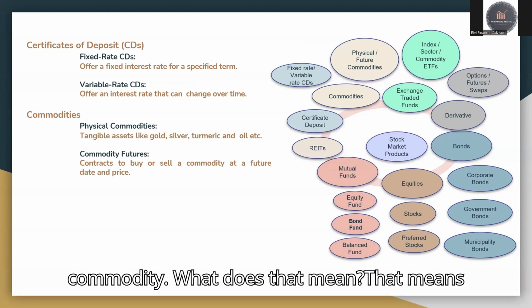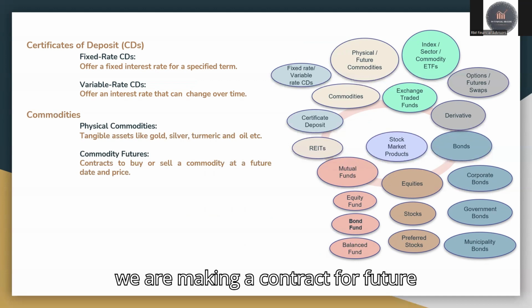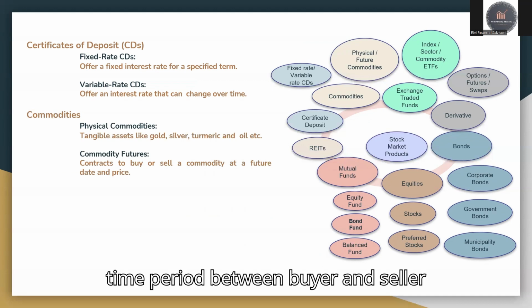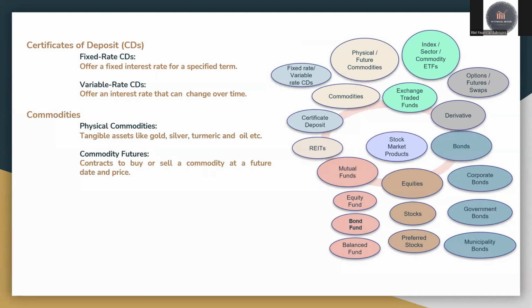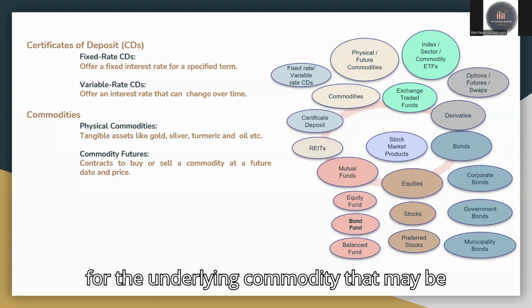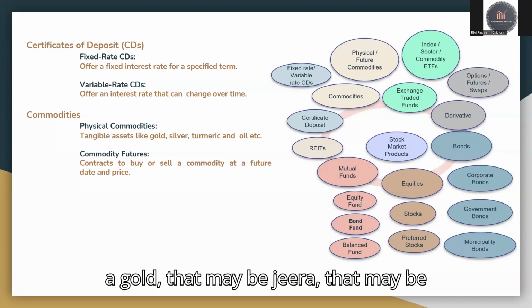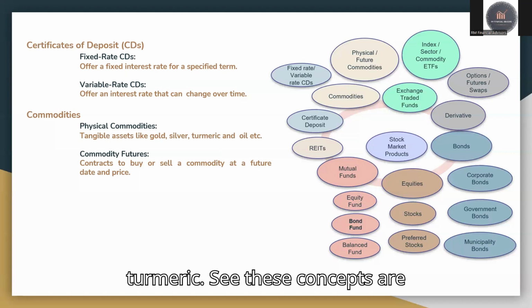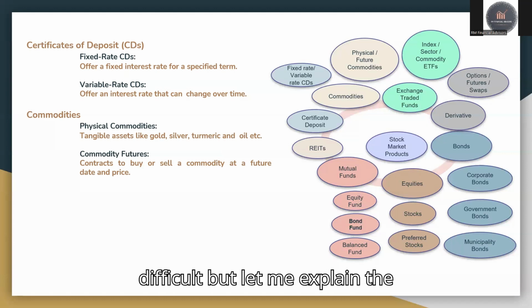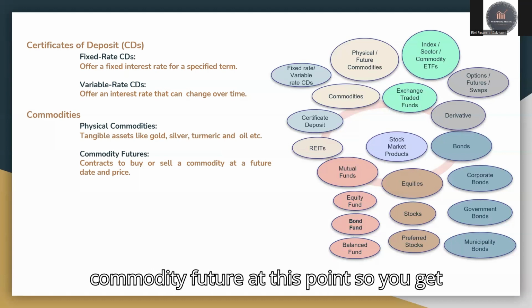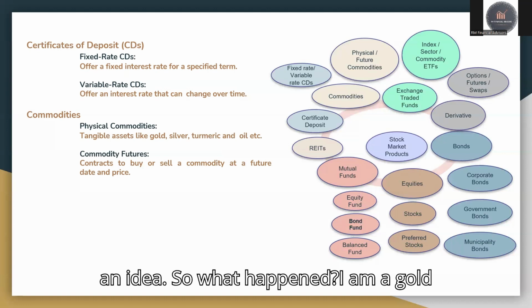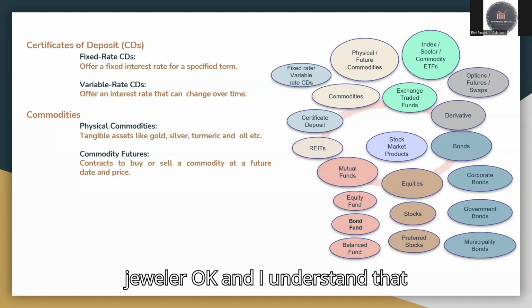What does that mean? That means we are making a contract for a future time period between buyer and seller for the underlying commodity. That may be gold, that may be jeera, that may be turmeric. See, these concepts are difficult, but let me explain the commodity future at this point so you get an idea. So what happened? I am a gold jeweler, okay?